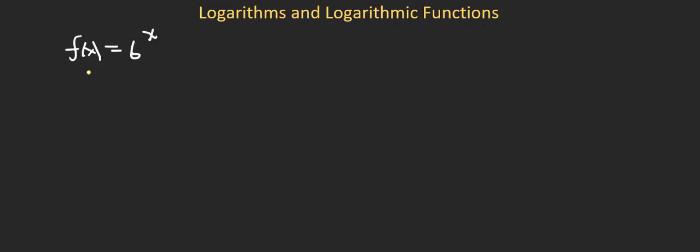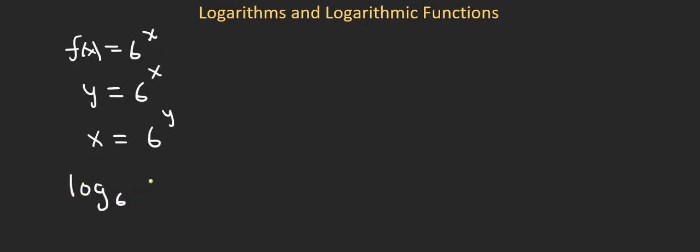How do you find the inverse of f of x equals 6 to the x? In other words, let's say y equals 6 to the x. How do you find the inverse of this? Well, remember, in order to find the inverse, you have to change x and y. And then you have to solve for y. How do you do that? Well, now we have a logarithm. So what are logs again? Logs are exponents. So log base 6 of x equals y.